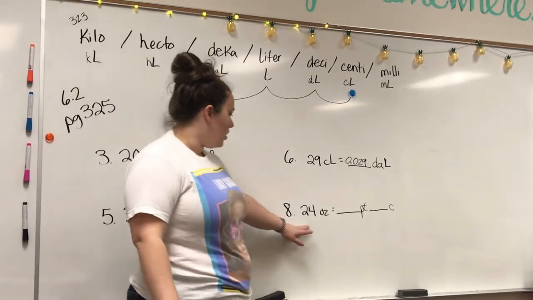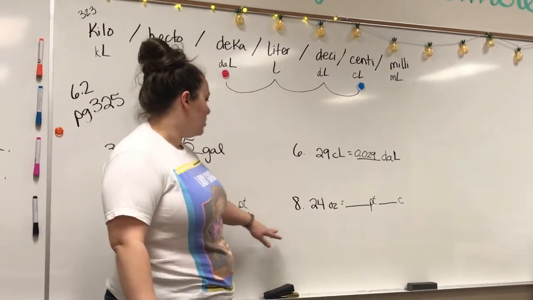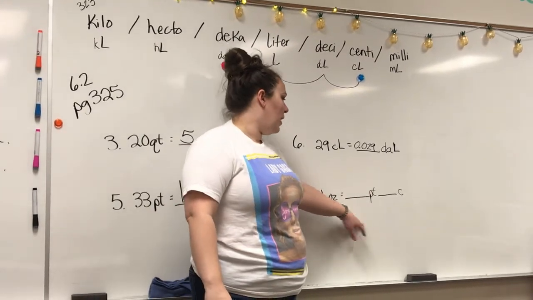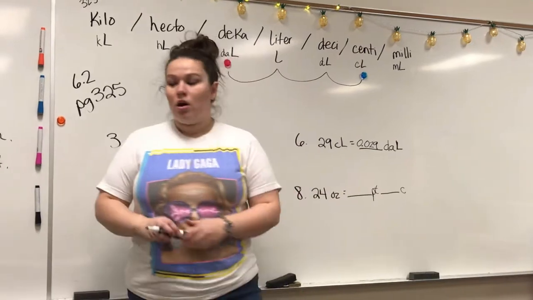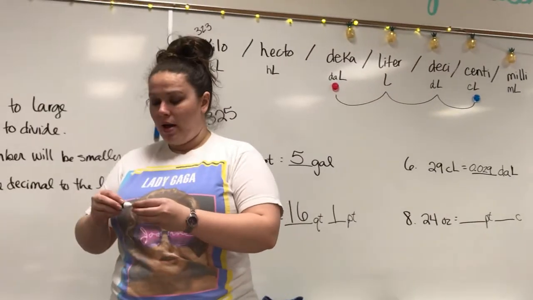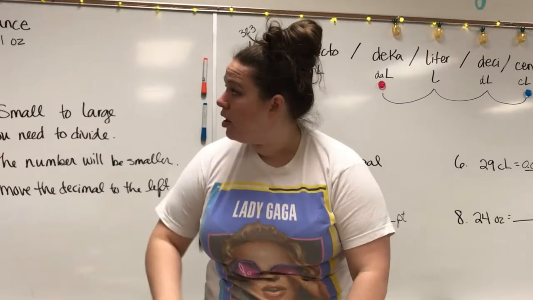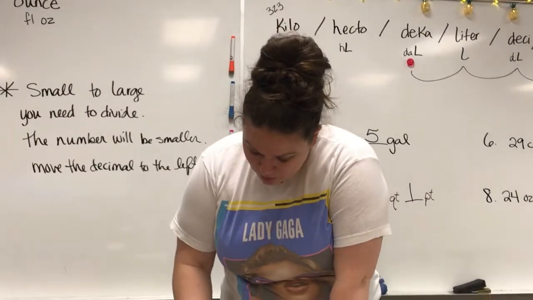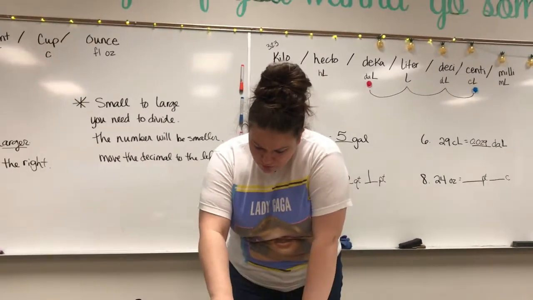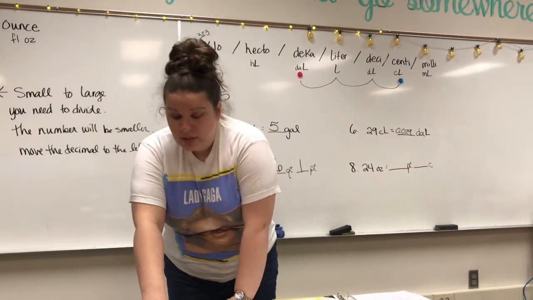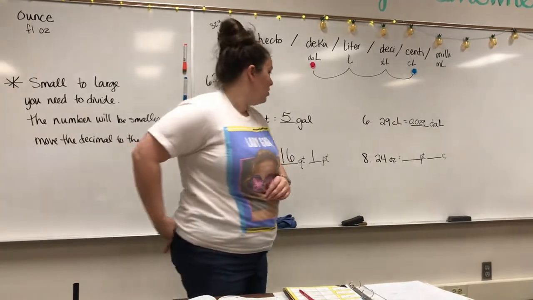Okay, now we're talking about ounces. How many ounces can fill up pints with cups left over? So if we're talking ounces and pints and cups, that means we have to use the chart on page 321. It says that there's 8 ounces in a cup.